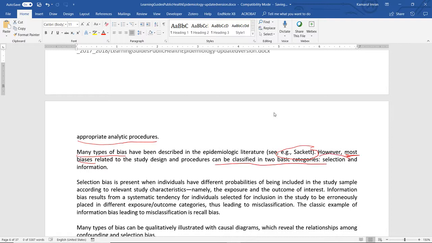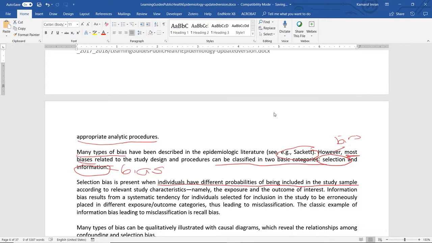Okay, selection and information. Okay, selection bias and information bias. Alright. Selection bias is present when individuals have different probabilities of being included in the study sample.